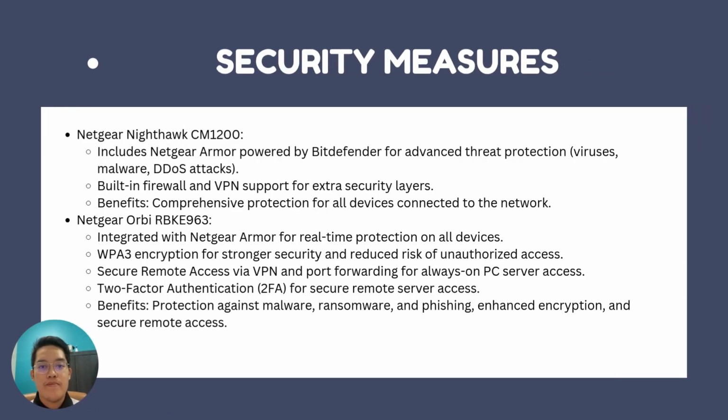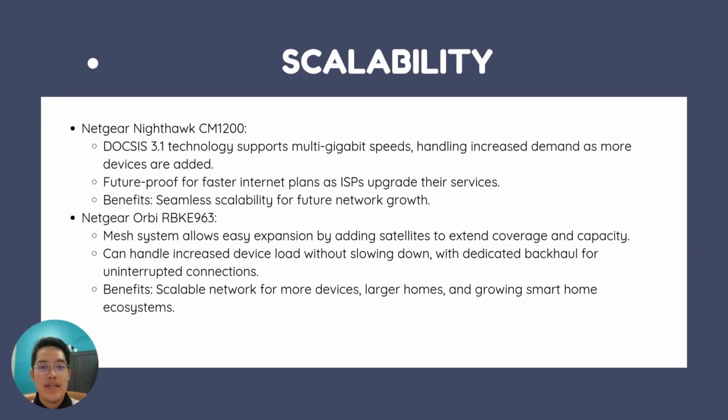From a security point of view, the Nighthawk provides comprehensive protection for all devices connected to the network, and the Orbi has protection against malware, ransomware, phishing, enhanced encryption, and secure remote access. And lastly, scalability. The Nighthawk offers seamless scalability for future network growth, and the Orbi is a scalable network for more devices, larger homes, and a growing smart home ecosystem, including IoT.